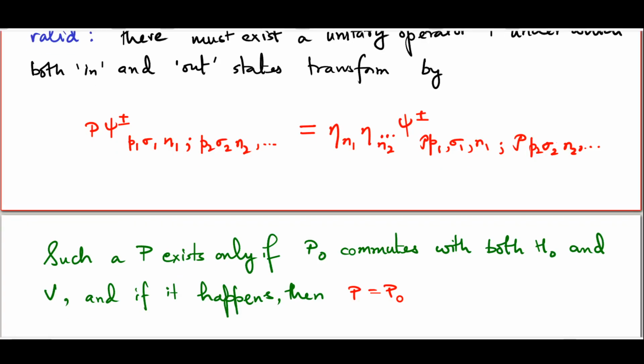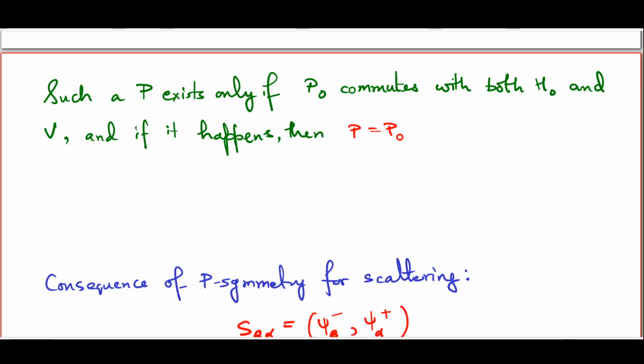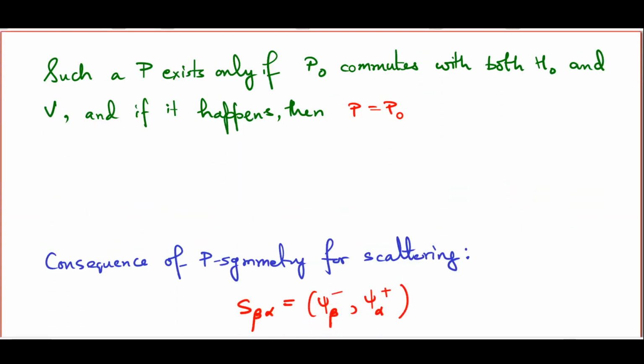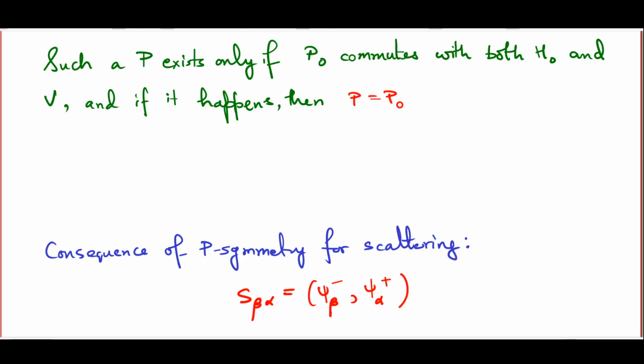Now, what consequence does the existence of such a parity symmetry operator have on our old friends, the S matrix elements? Let me remind you that the S matrix element S beta alpha is nothing but the overlap between the states psi beta minus, which is of course an out state with labels beta, and the state psi alpha plus, an in state with labels alpha.